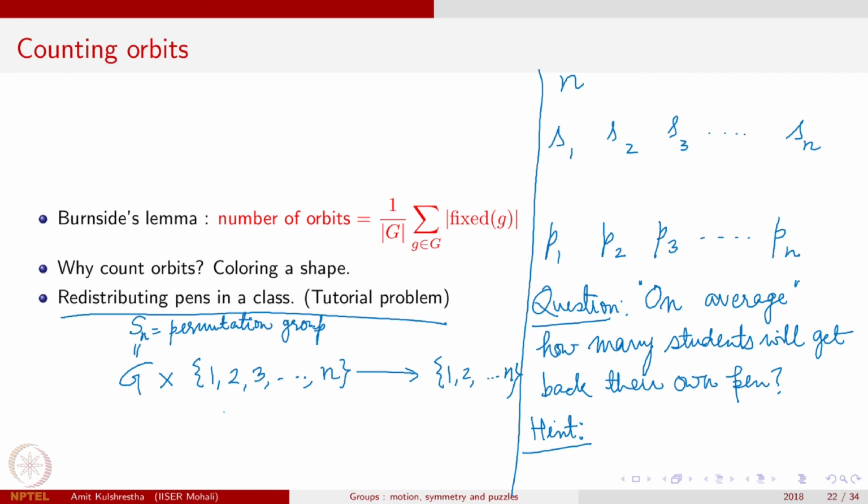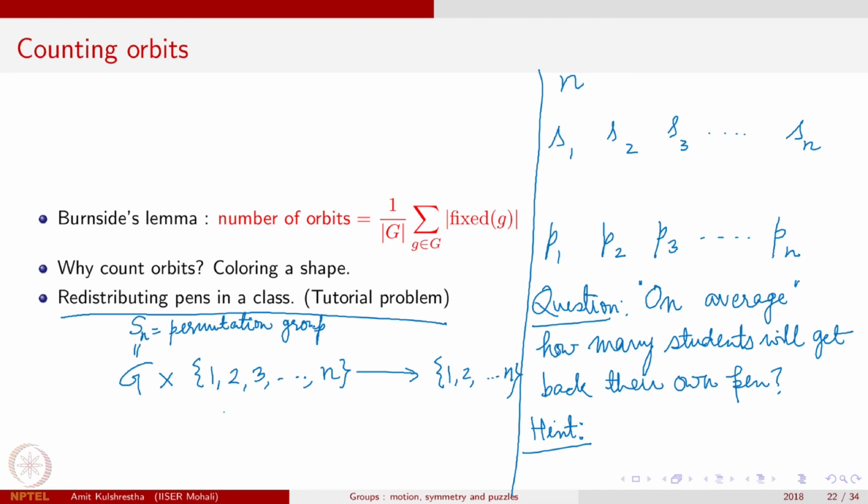You can compose two permutations and it is again a permutation, and the original configuration itself is one of the permutations, the identity permutation, and for each permutation there is a reverse permutation which brings it back to the original configuration. So, the set of permutations is a group of size n factorial, right?